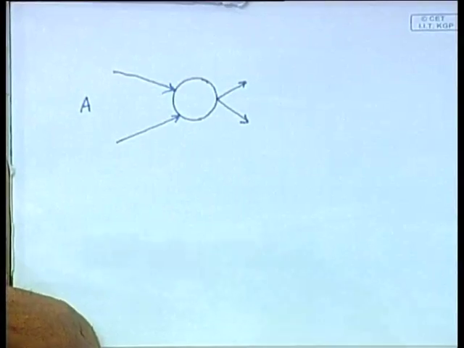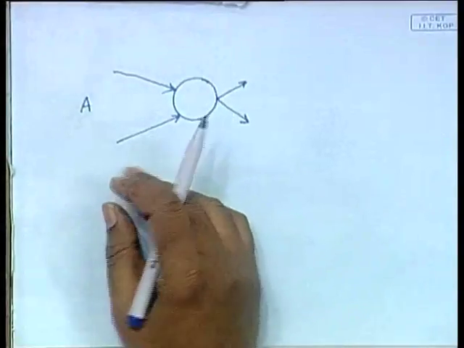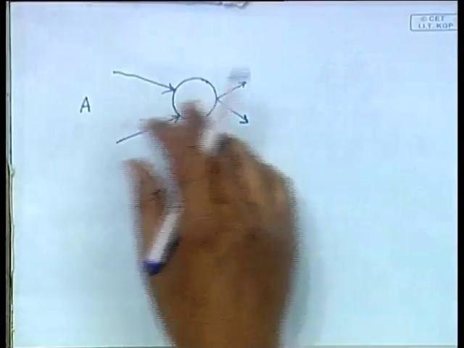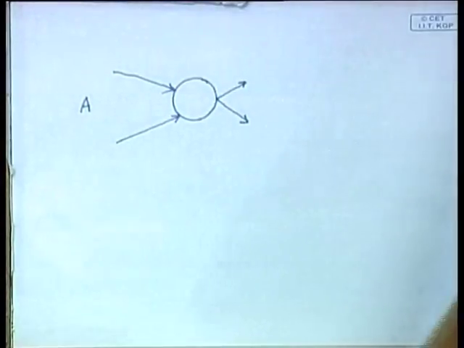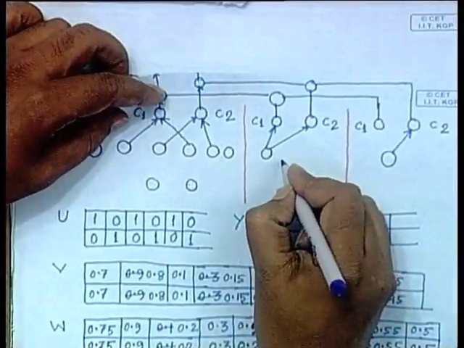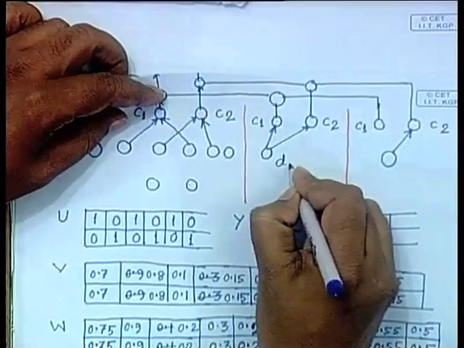Okay. So, I can put it like this: if this neuron in the overlap region, I represent this by say dj.